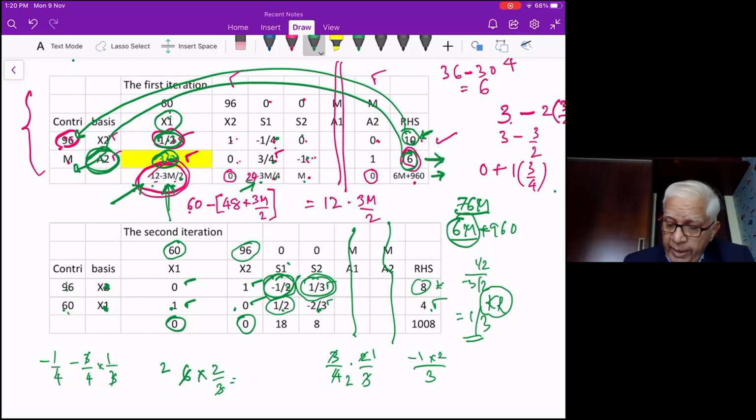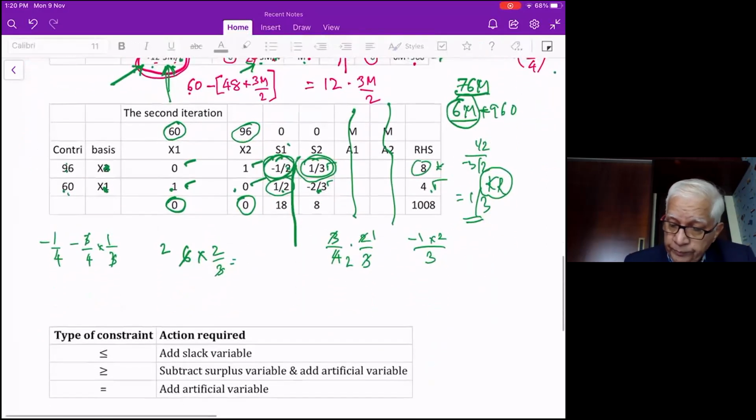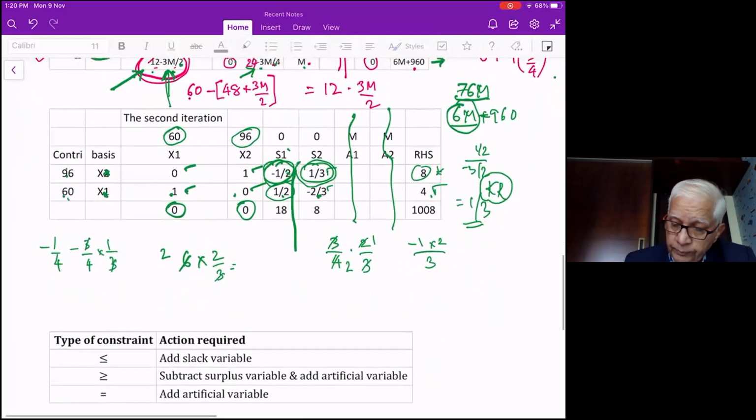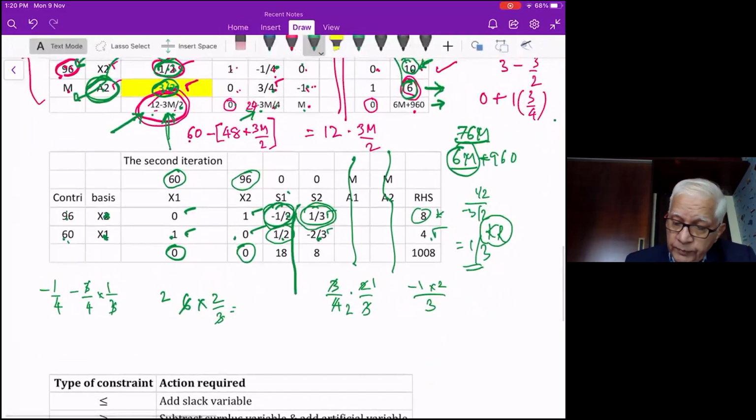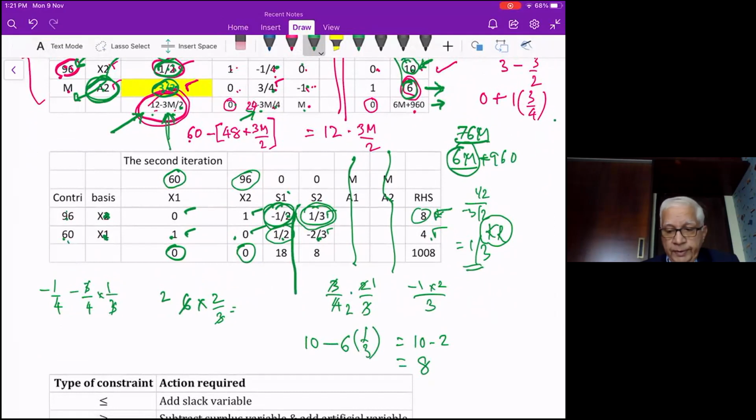Now new number 8, which we have not yet calculated, is equal to old number, that is 10, minus corresponding number in the key row, which is 6, multiplied by key ratio, which is 1 by 3. So this is 10 minus 6 by 3, that is 10 minus 2, which is 8, and therefore I got this 8. Fine.